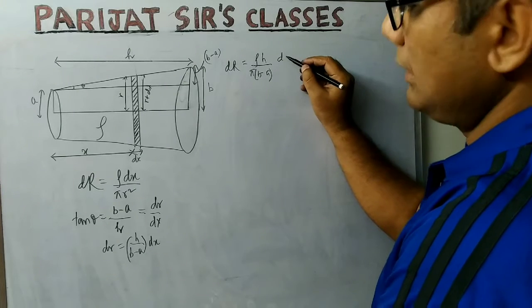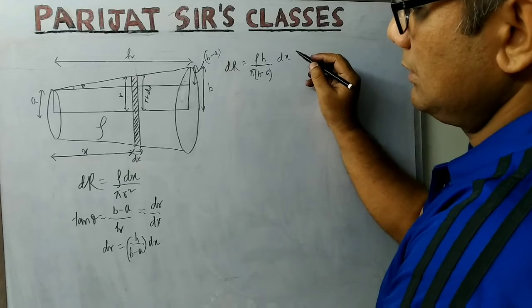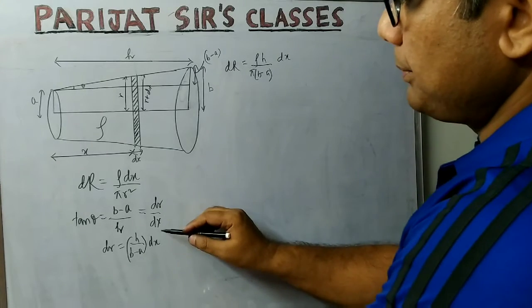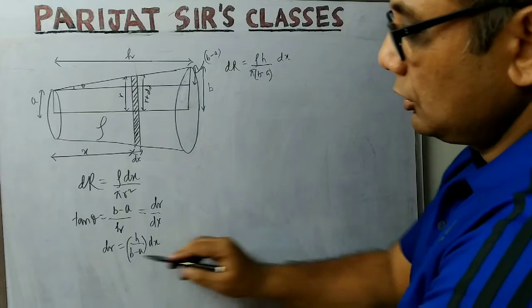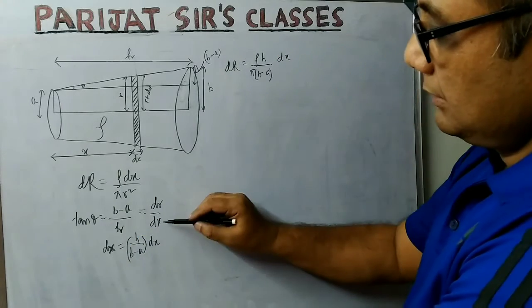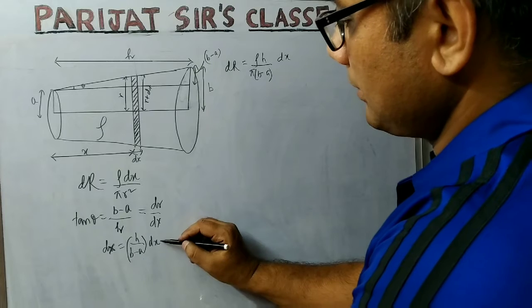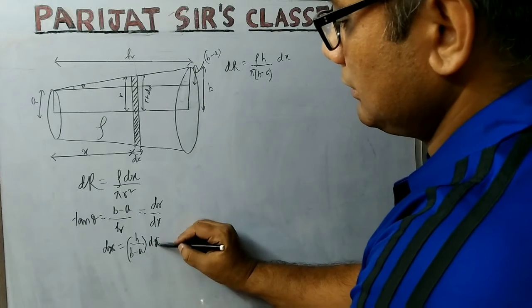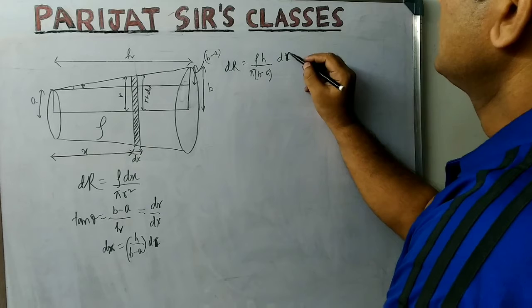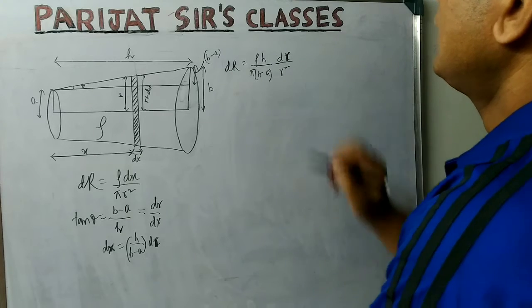and dr, so we have to separate that dx from here. Okay, so dx, sorry, here dx will be H by B minus A into dr, so please make the corrections. So it will be dr by r square.